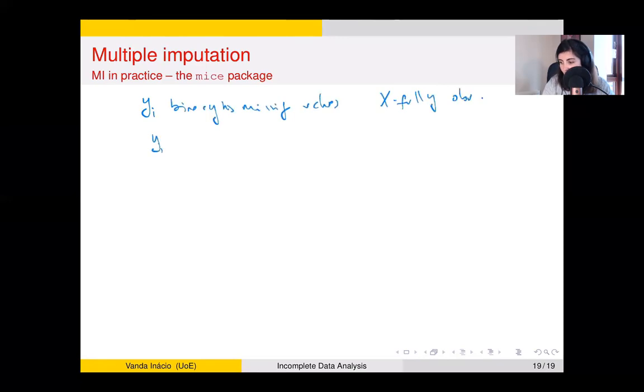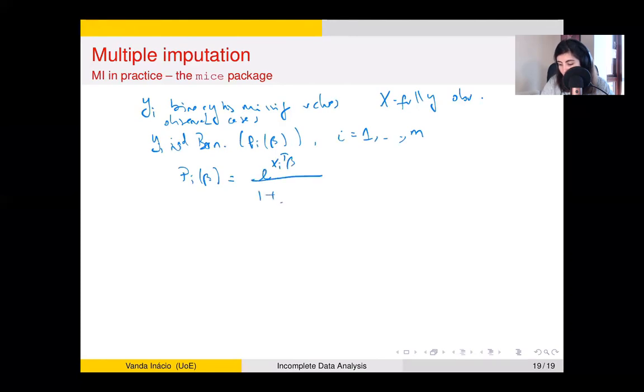I know that I'm using a logistic regression, which I fit to the observed cases, right? So I know that they follow, from y1 up to ym.